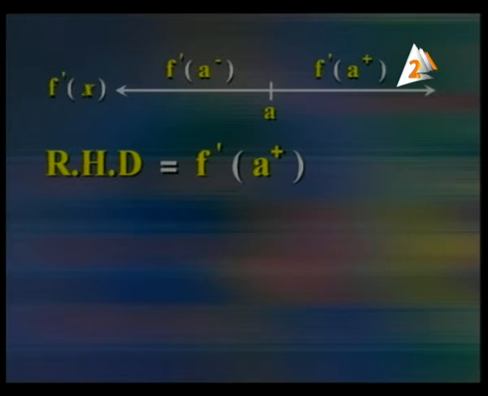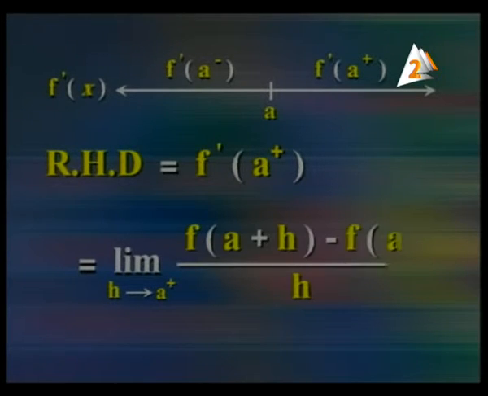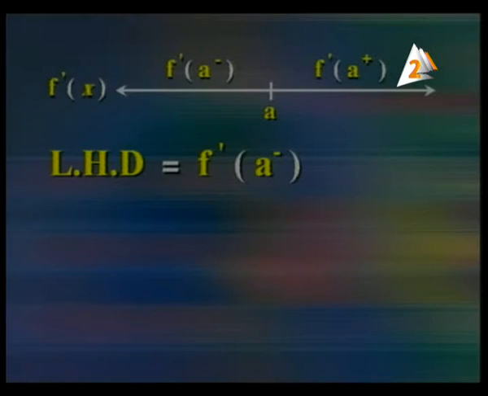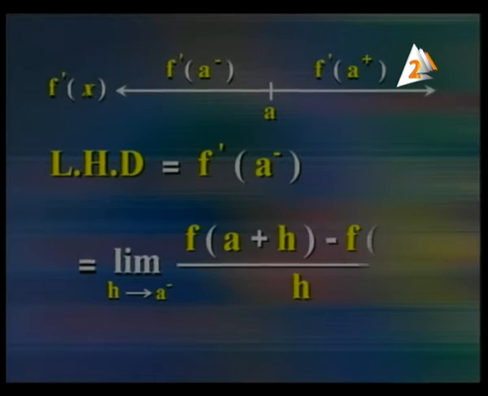Right hand derivative means f dash a positive equals limit when h tends to 0 positive of f of a plus h minus f of a over h. Left hand derivative means f dash a negative. What do you mean? Limit when h tends to 0 negative of f of a plus h minus f of a over h.